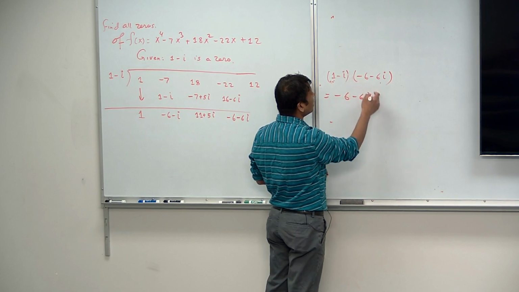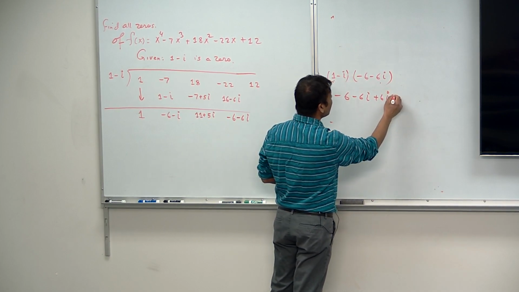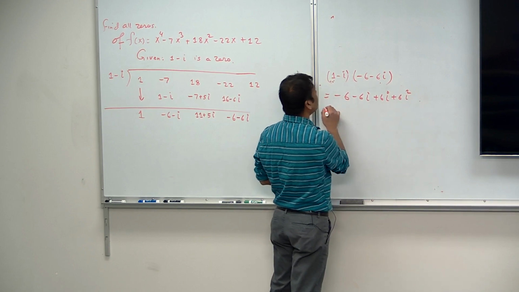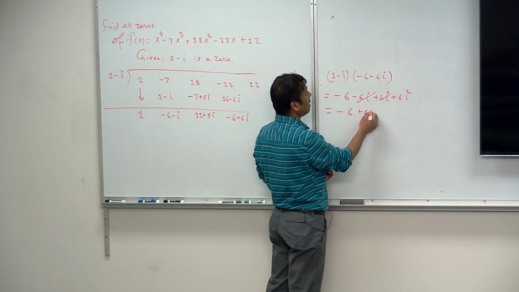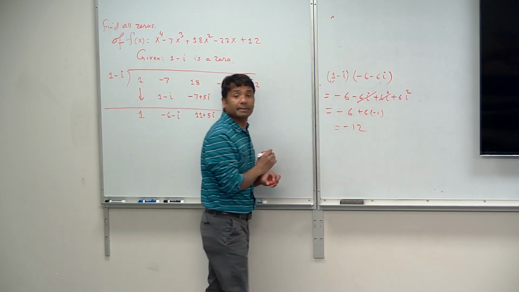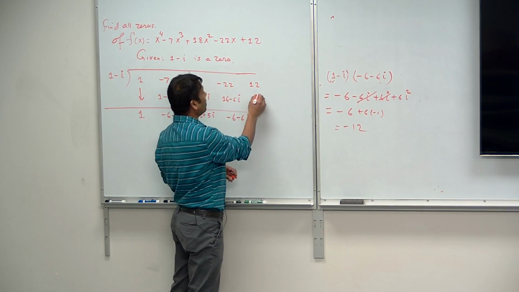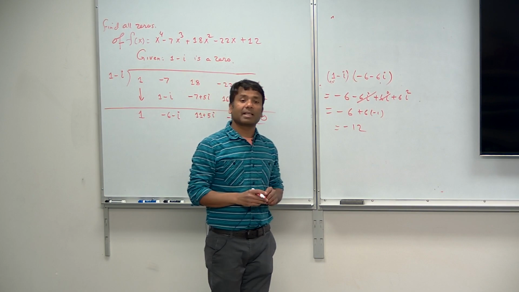Negative i times positive 6, negative 6i... negative i times negative 6 gives positive 6i. Negative i times negative 6i is positive 6i squared. So these two cancel. You have negative 6 plus 6 times negative 1. What is that? Negative 12. Is that right? And this is negative 12, and what is this? 0. That makes sense? Right?